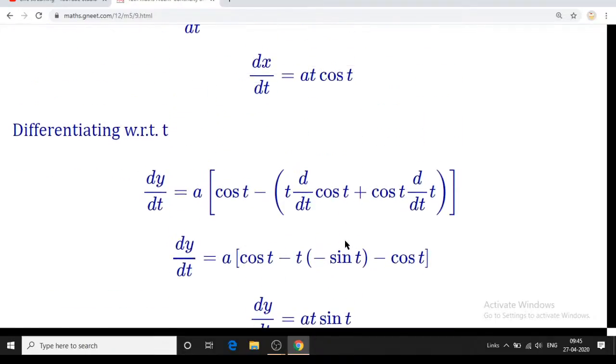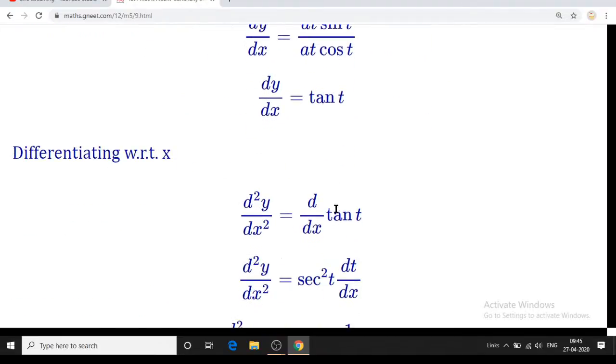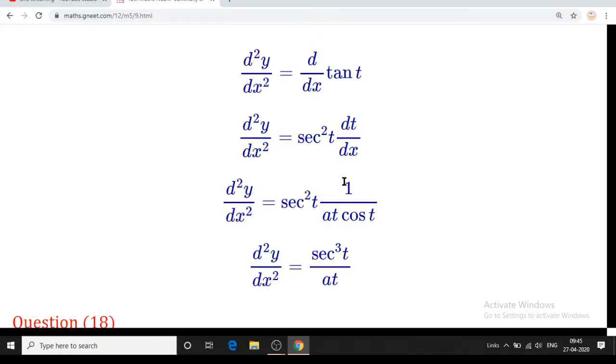Here we have calculated dx by dt as a t cos t, and so dt by dx will be 1 upon a t cos t. That we are going to replace here, 1 upon a t cos t. 1 upon cos is sec, so that will be sec cube t upon a t, and that is the second order derivative.